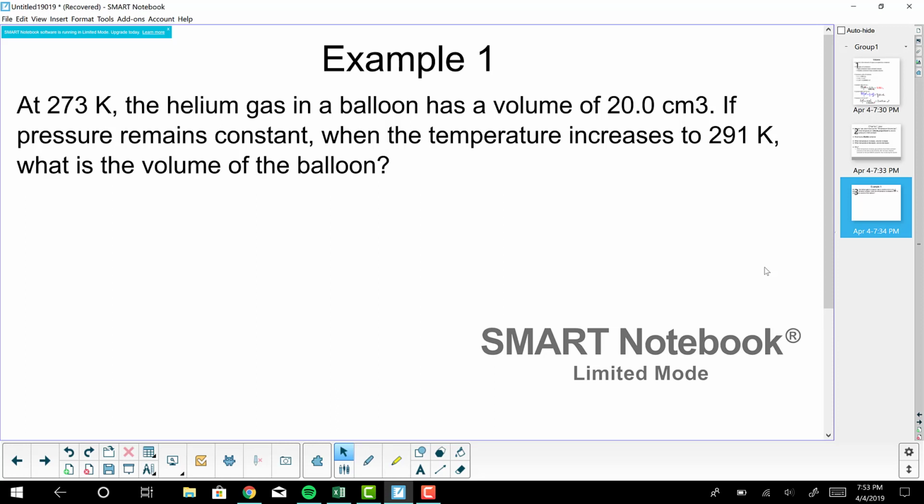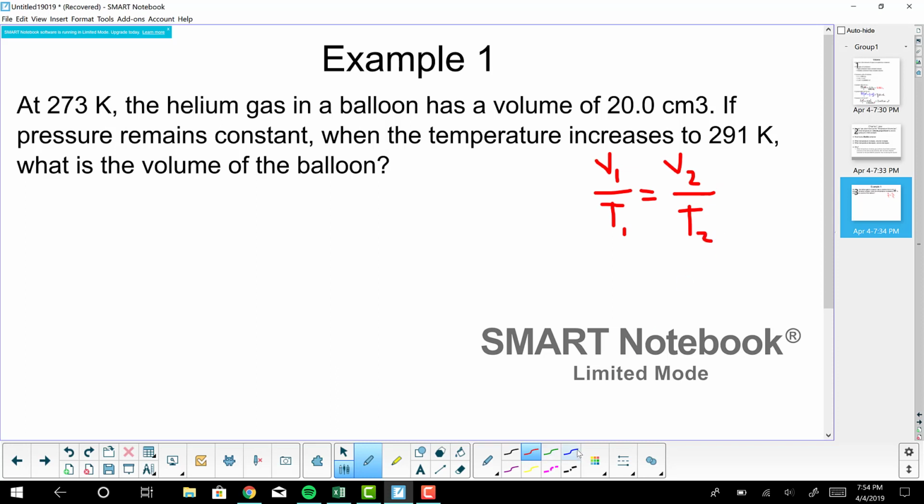So this problem is going to work out very similarly to the Gay-Lussac problems that we did for homework last night. And so the formula that we are using, instead of P1 over T1, it's V1 over T1 equals V2 over T2.